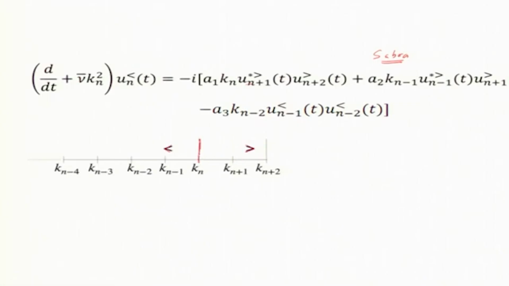So, this is my Kn, my lamp post, or my marker. There are two shells to the right of Kn, which I denote by greater, and the shells to the left, which are denoted by less.